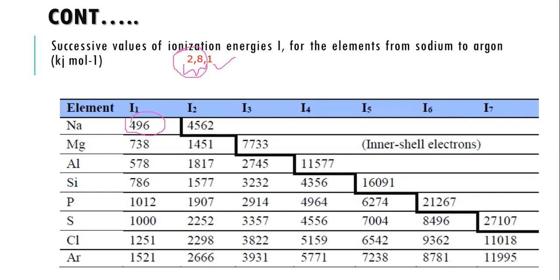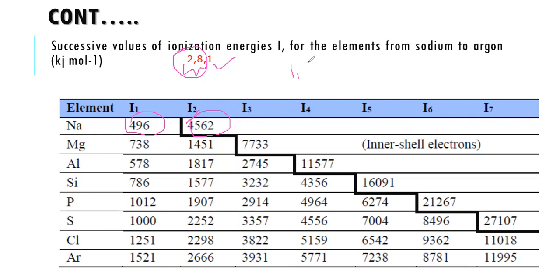The 2, 8 means, to remove an electron from the stable configuration, the attraction between that valence electron and the nucleus will be very high. Therefore, you have to provide more energy. Therefore, your second ionization energy is very high compared to the first ionization energy.